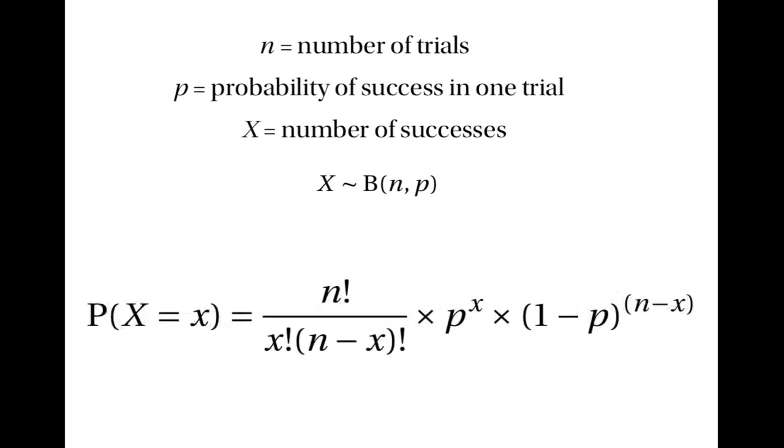We know that n choose x is equal to n factorial over x factorial times n minus x factorial. So we can also say that the probability of getting x successes out of n trials is n factorial over x factorial times n minus x factorial times p to the power of x times 1 minus p to the power of n minus x.